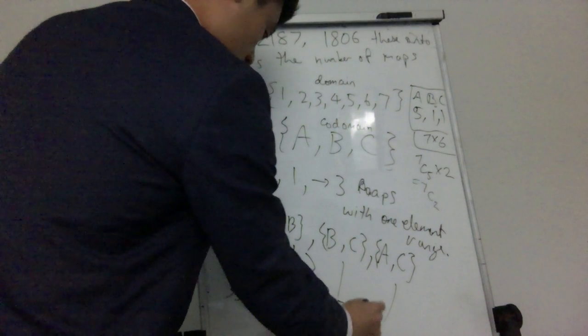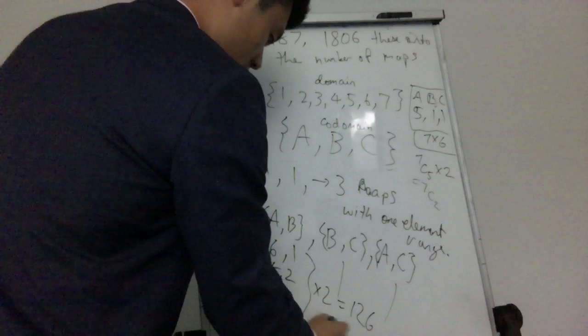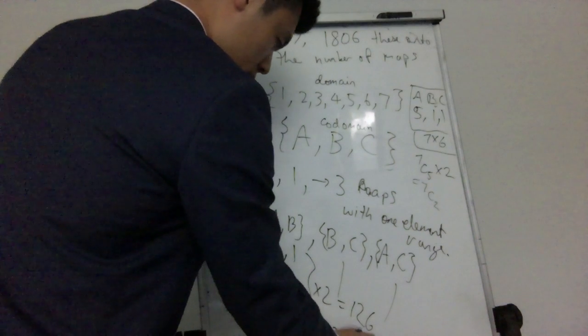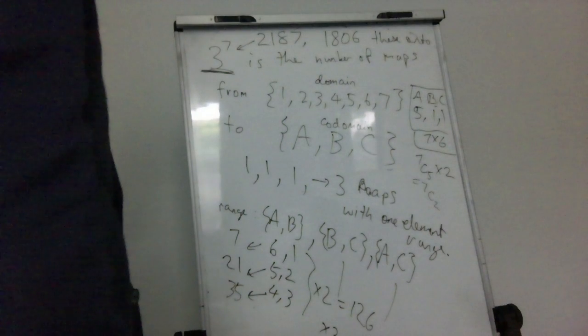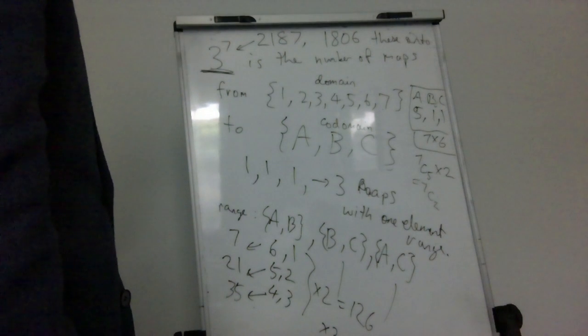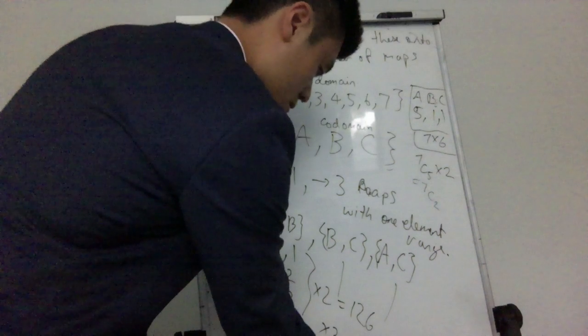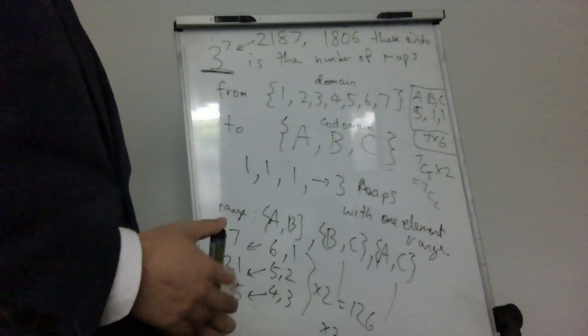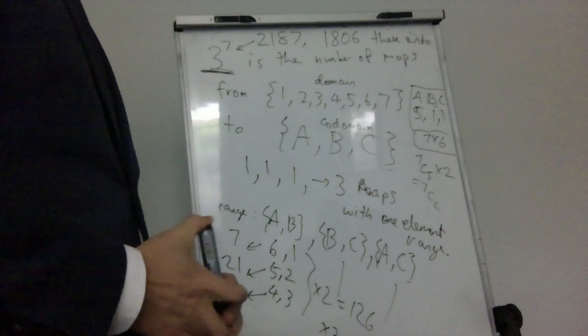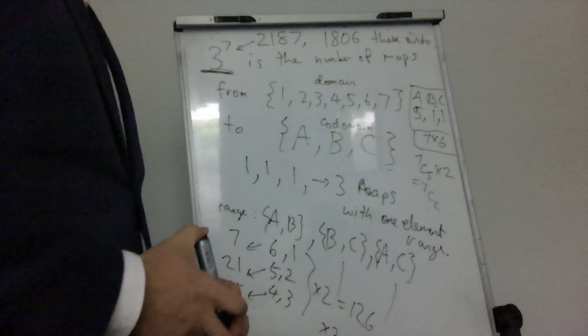And then times by 3 for all that. 378. Good. And then add 3, so then you have 381. And you just proved that 2187 minus 1806 is 381. Isn't that nice?